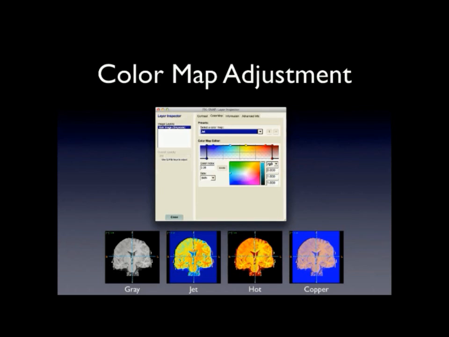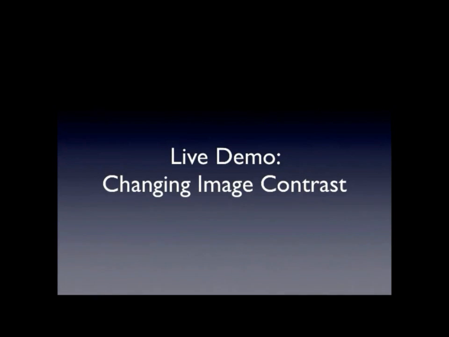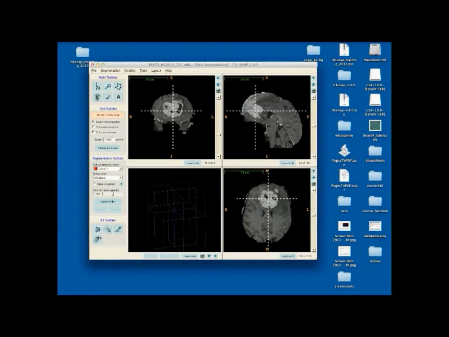That again can help us increase the contrast in the image. In the color adjustment window, there are a number of presets, but we can also design our own color maps. And now let's look at all of this in an actual example.